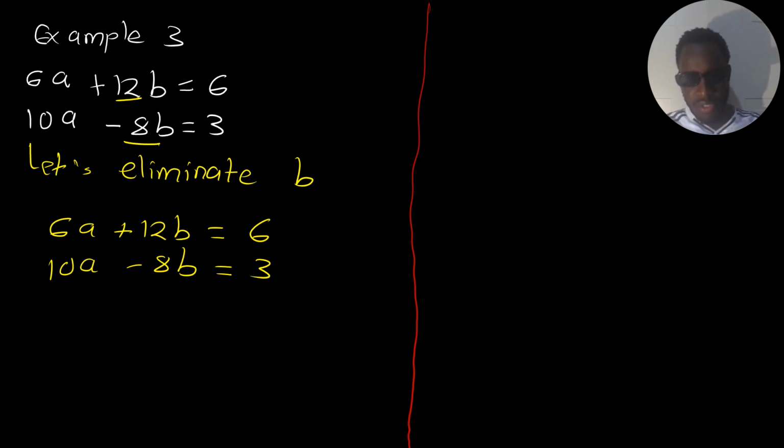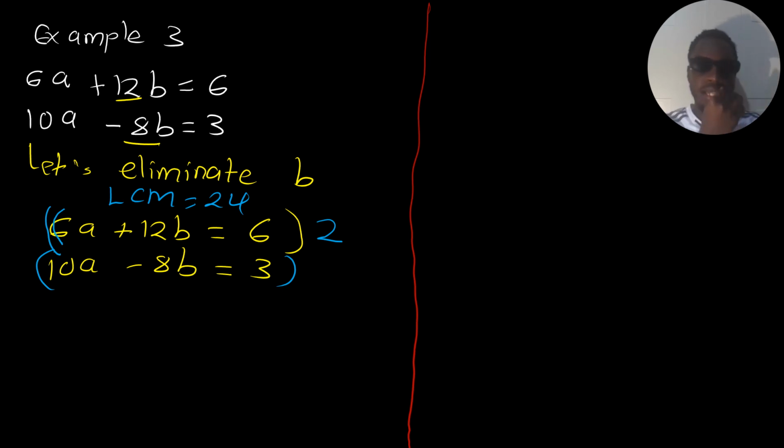When you look at these equations, we'll have to multiply the first equation by 2, such that when we multiply 2 by 12, we'll get 24, which is the LCM. And then when we multiply the second equation, in order for us to get the LCM, which is 24, we multiply this negative 8 by 3.